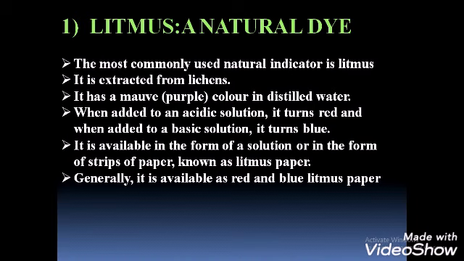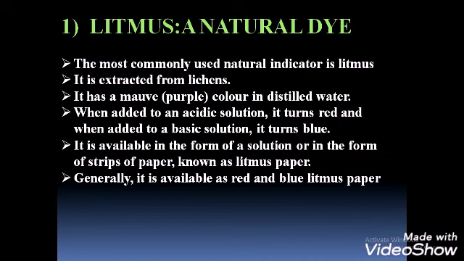When added to an acidic solution, it turns red, and when added to a basic solution, it turns blue. It is available in the form of a solution or in the form of strips of paper known as litmus paper. Generally, it is available as red and blue litmus paper.